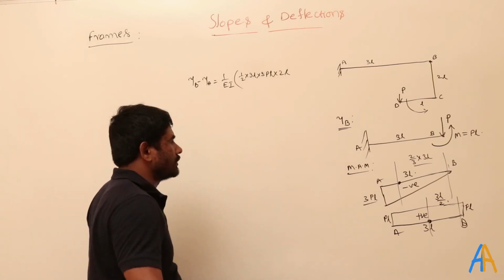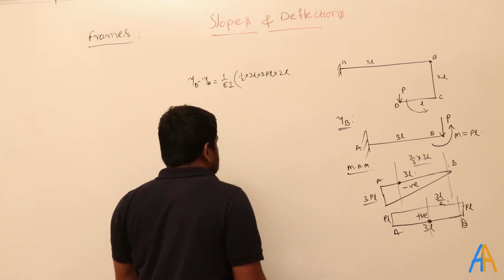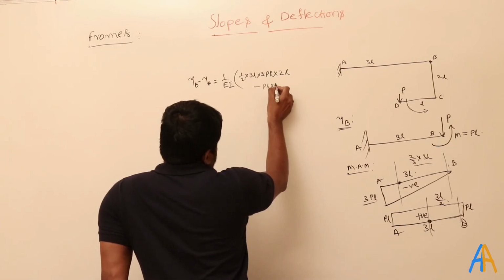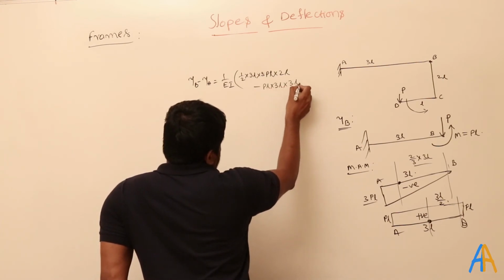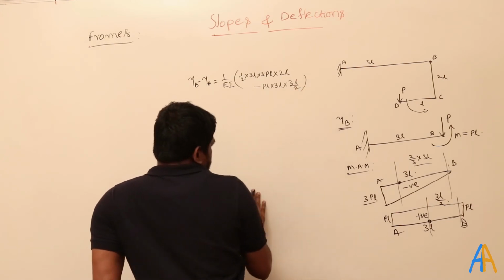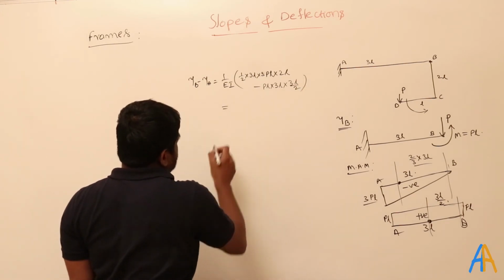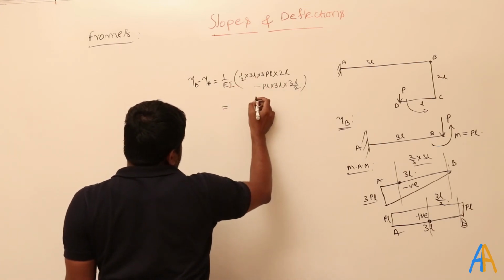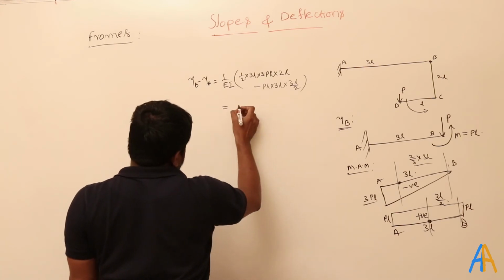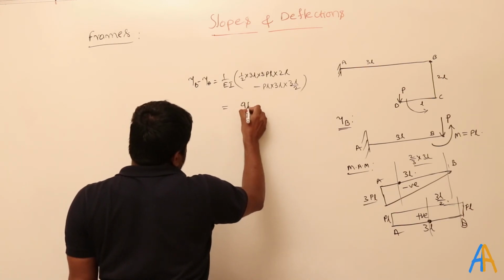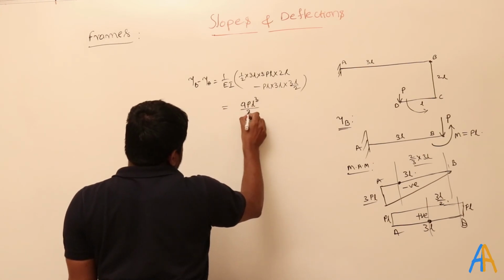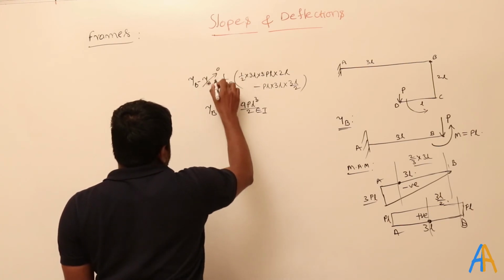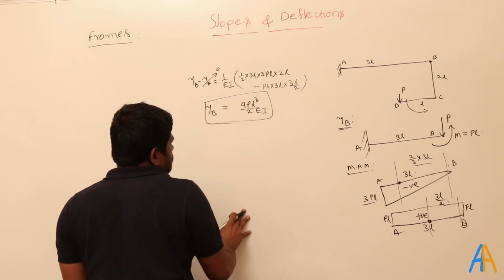Here 2L is 3L into 2 by 3, that is the x1 bar, minus PL into 3L into 3L divided by 2. After simplification, it becomes 9 PL cube divided by 2 EI. This is yB, when yA becomes 0. This is how we need to find it.